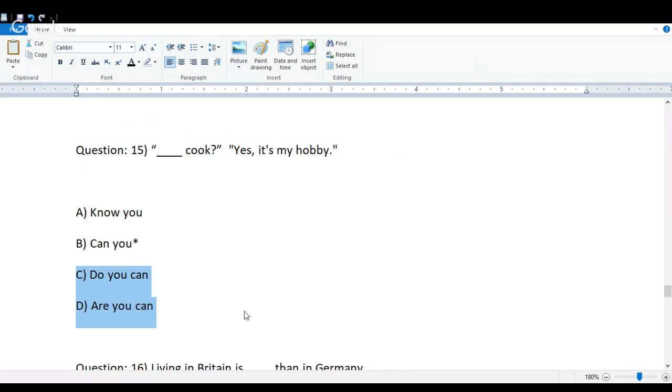Right. Do you know why? Do and can are both auxiliary, right? So one auxiliary verb in one sentence. Yeah, it's not correct in the same sentence.